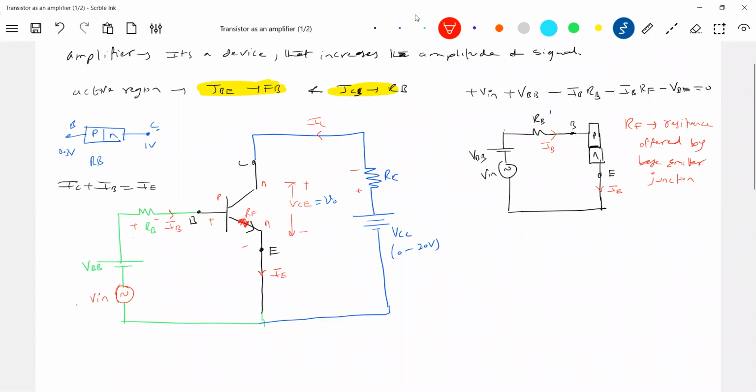This is RF here. So is it justified bringing this one? And what is VB? This potential drop, the barrier potential 0.7 volt. So instead of this PN, what should I show? Instead of this PN, what do we have to show? So the more justified diagram, now you got the idea, no?